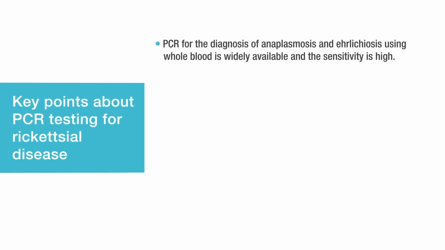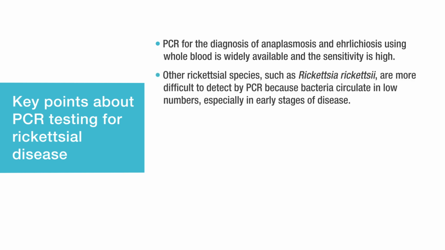PCR for the diagnosis of anaplasmosis and ehrlichiosis using whole blood is widely available and the sensitivity is high. Other rickettsial species, such as Rickettsia rickettsii, are more difficult to detect by PCR because bacteria circulate in low numbers, especially in early stages of disease.